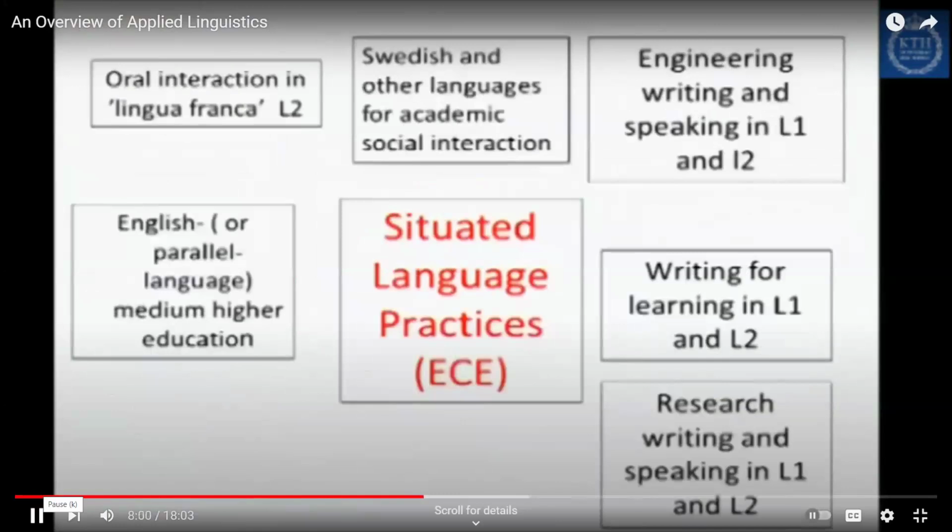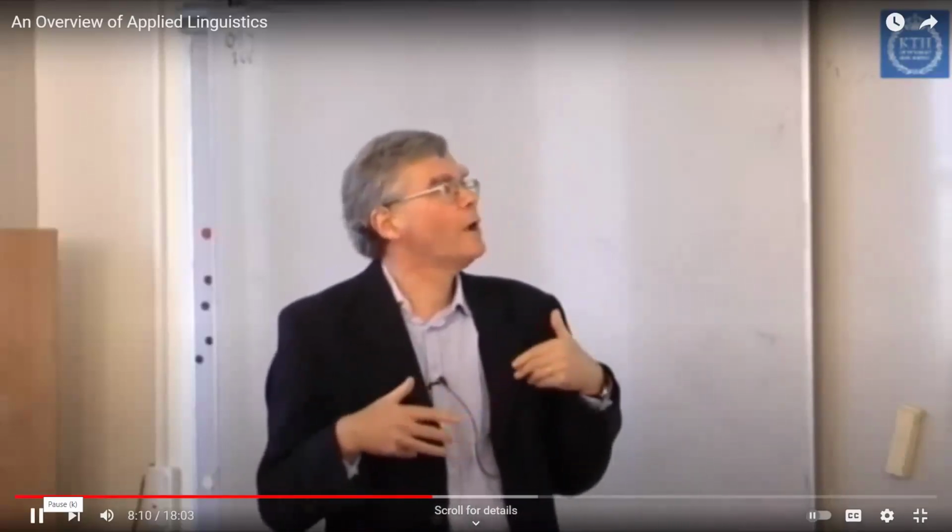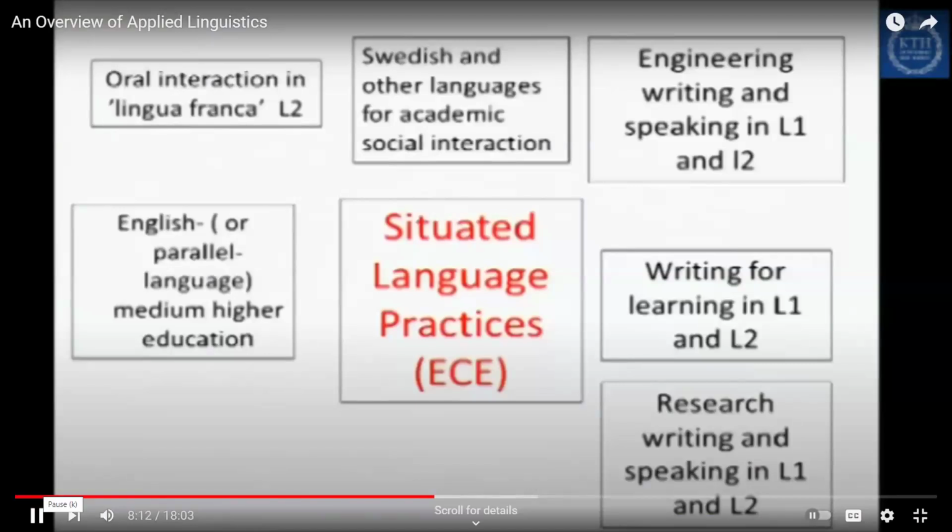I'm not going to talk very long about situated language practices because I think that's what Maria and Britt-Louise are going to talk about. Just to say that situated language practices would mean that you look at many different situations, you try to see what people say, what people do, what people write, in what languages, and just try to understand and describe what is really going on.